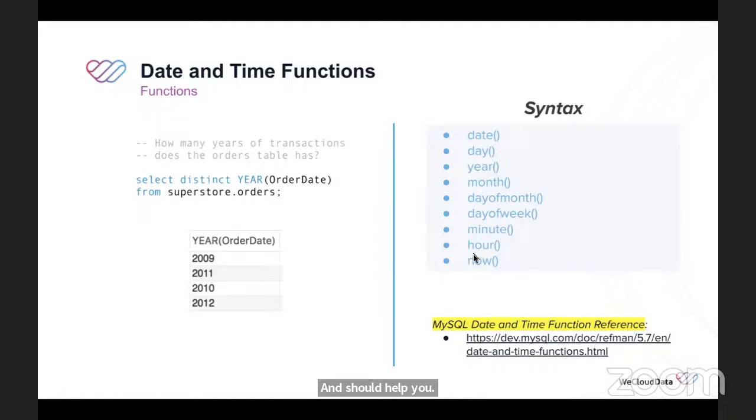Similarly with the minute and hour, this only works when there's a datetime column. If it's just a day column, you're always going to get 0 hour, 0 minute.